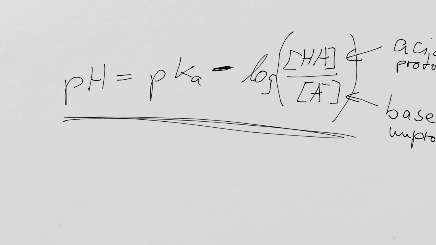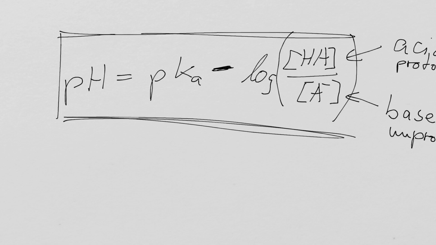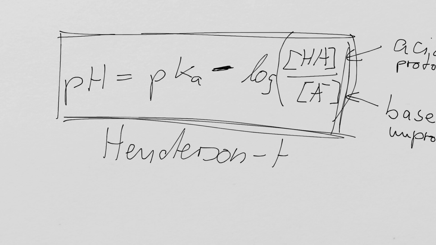Well done. Henderson-Hasselbalch. Please don't call it the Hasselblad equation. Hasselblad is a producer of very expensive cameras. So it's Hasselbalch equation.